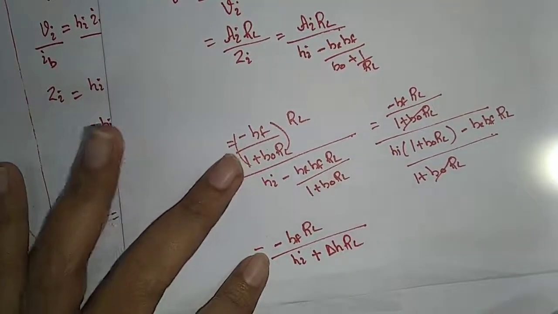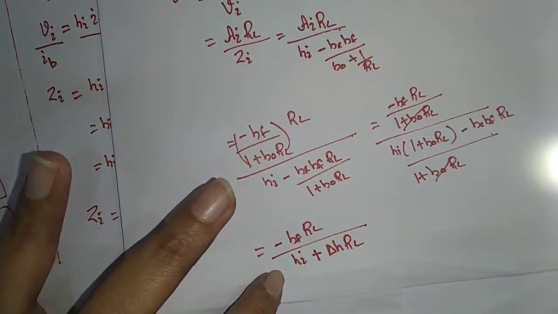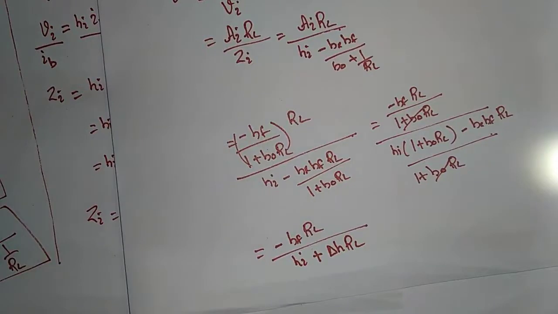I can write like this also. That is minus Hf RL divided by Hi plus delta H into RL.